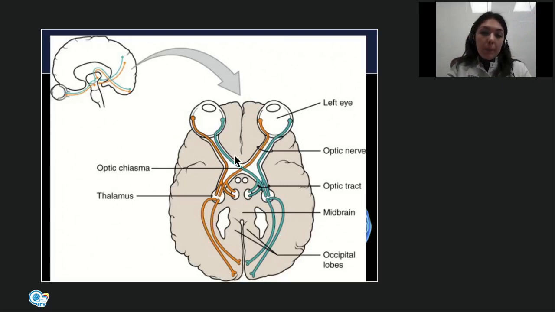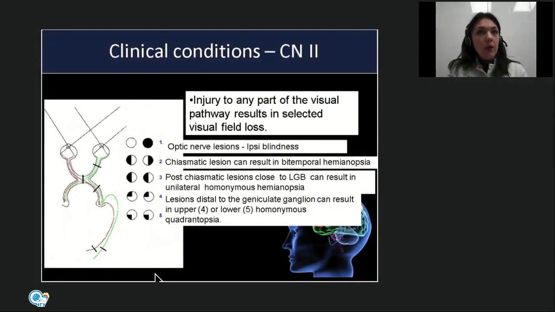And that's why the optic tracts are formed by the ipsilateral part of fibers from the temporal eye field and the contralateral part of fibers from the nasal eye field of the opposite eyeball, yes? We have to know it.